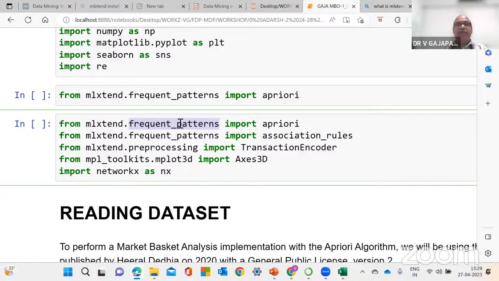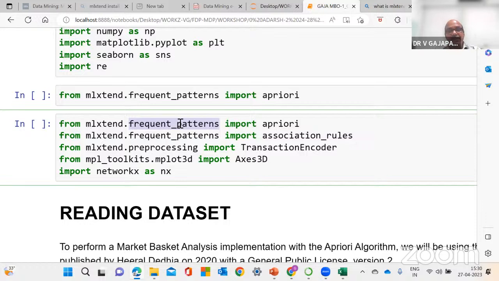Because, say for example, I'm buying bread and then I'm buying egg. Okay, then what is the probability of buying bread? This is one concept. Another one is, what is the probability of buying egg? Now, what is the probability of buying egg if I have already purchased the bread?